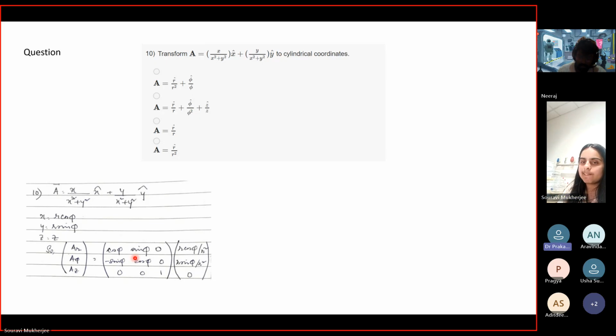Z is 0, so we can get option A, r by r square plus phi cap by phi? No. Okay, so do this multiplication, right? Z is 0, that is fine. So this goes away because there's no z involved anywhere.